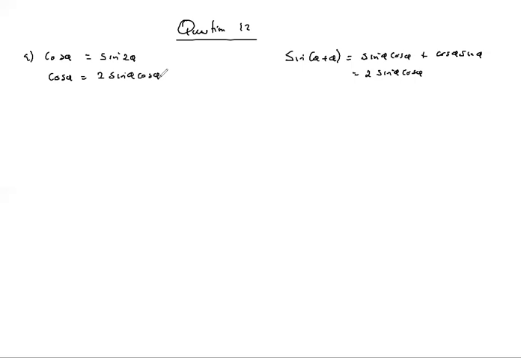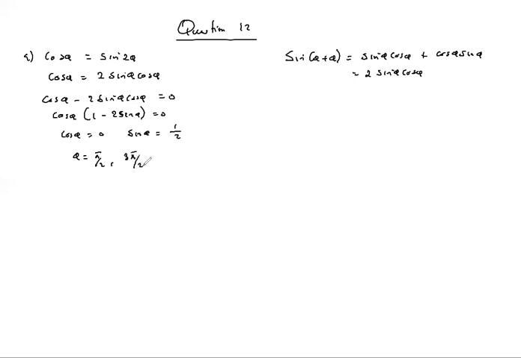If you take any of these to the other side, suppose you brought that to the left, then you have 0. So you factor out cos theta and have cos theta times 2 sine theta minus 1 is 0. So that cos theta is 0 or sine theta is 1 over 2. Cos theta is 0 at pi over 2 and also at 3 pi over 2.